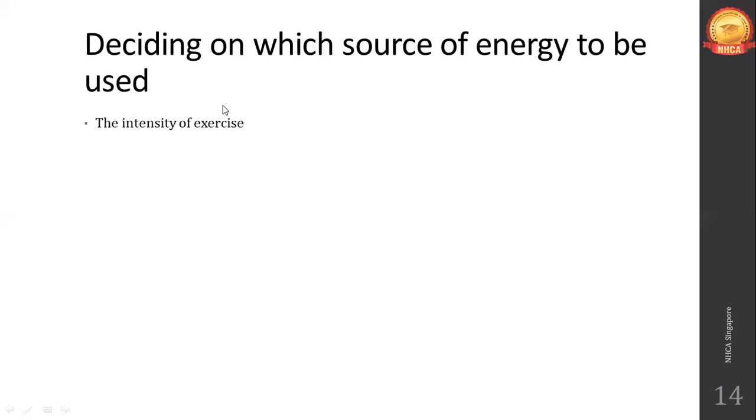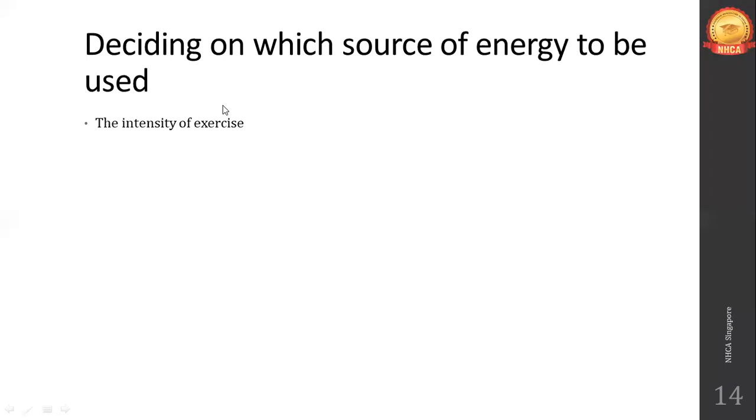Those who have the textbook, just check figure 2.6, fuel mixture slash exercise intensity. If you can see that graph, does anyone have the book? Is the graph available with all? Do you have access to the graph?